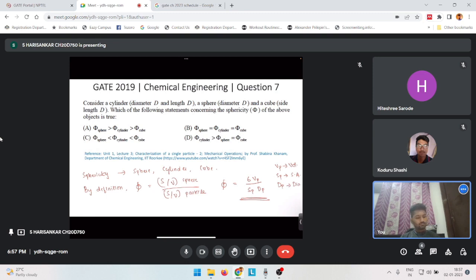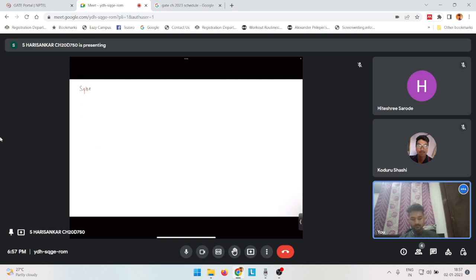Now, since a sphere has a sphericity of 1, and this is the maximum value for sphericity.